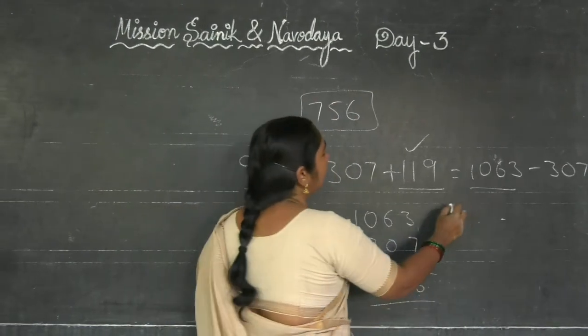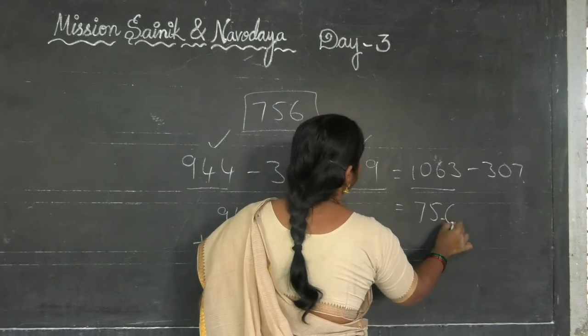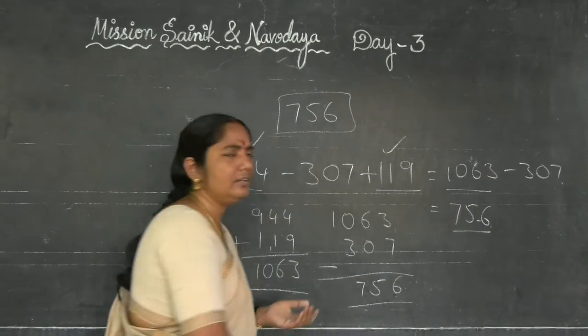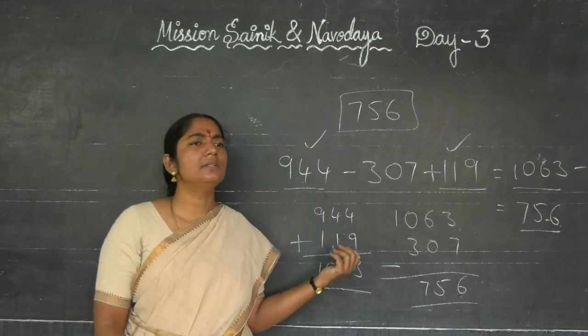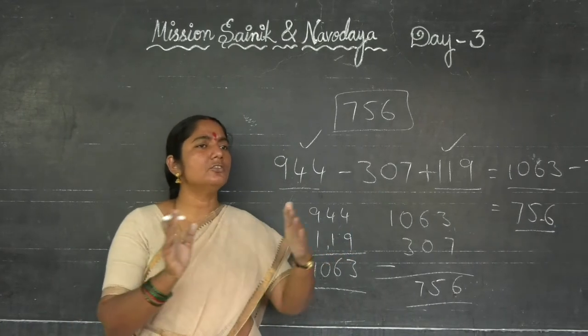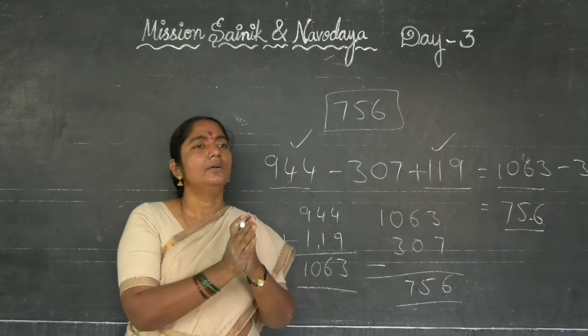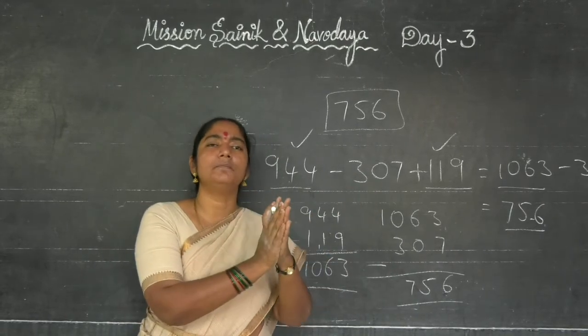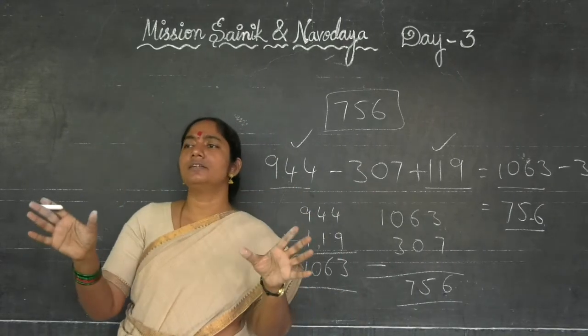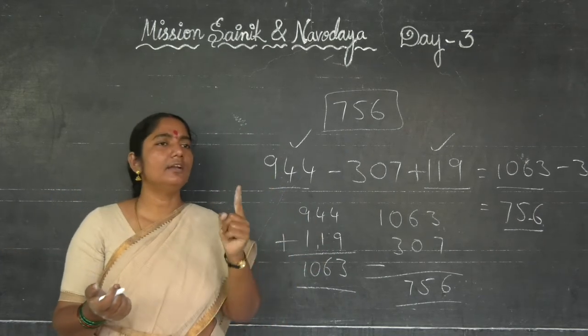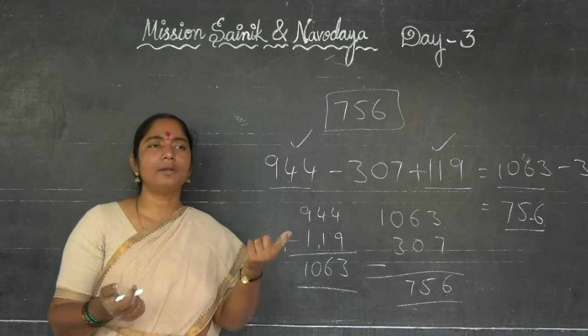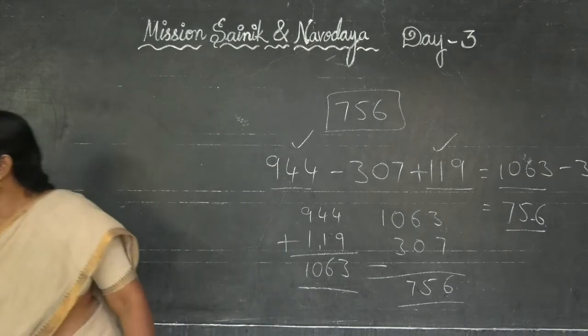Madam, is the answer right? Yes, ma'am. In this question you need not know much, just simple addition and simple subtraction. Add all the positive numbers, add all the negative numbers, and finally subtract these two. Finish. Addition and subtraction is the only concept here.